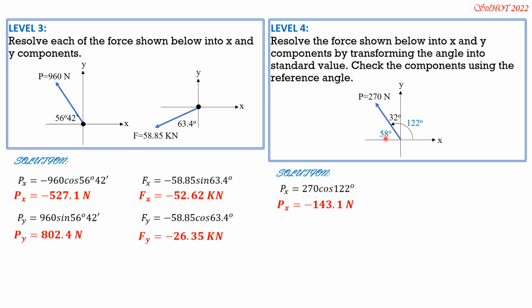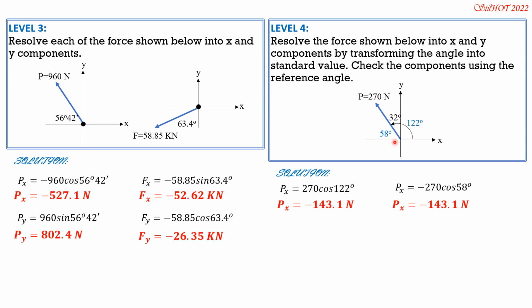The angle, acute angle between the terminal side of the force and the x-axis, positive or negative. So therefore, because Px 270 is directed to the left, it is negative 270 cosine of 58. So you have to anticipate the sign. So Px is negative 140.1, which is the same as this.